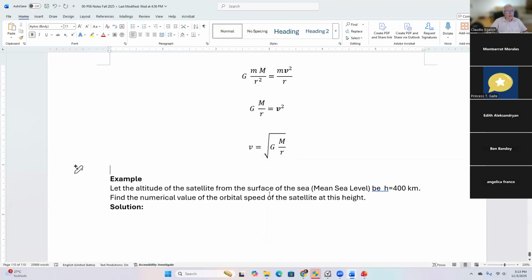Let the altitude of the satellite from the mean sea level be 400 kilometers, which is the average height of the space station, ISS. Find the numerical value of the orbital speed of the satellite at this height.